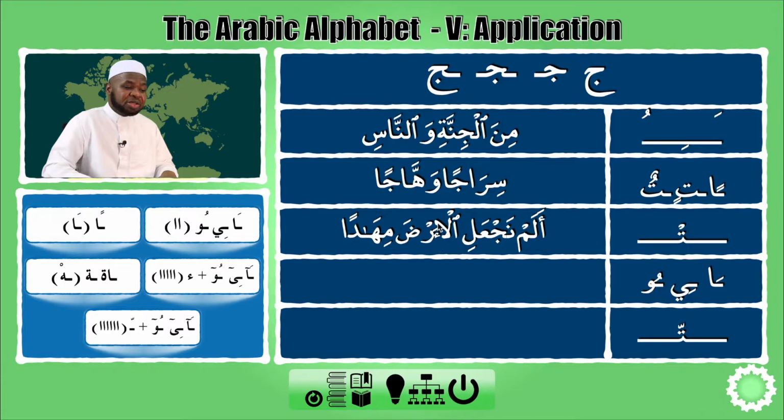So just take note that when we come across this type of Hamza, it may be below here, but it's supposed to be on top of the Alif. Not in the middle, between this lam and the Alif, no, but directly on top of the Alif. So, alam naj'alil arda mihada.